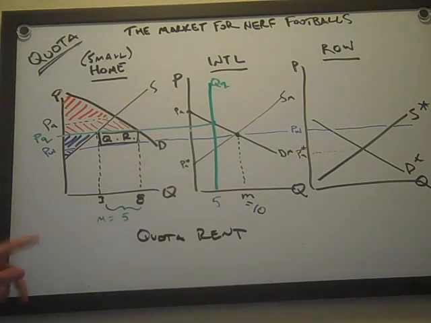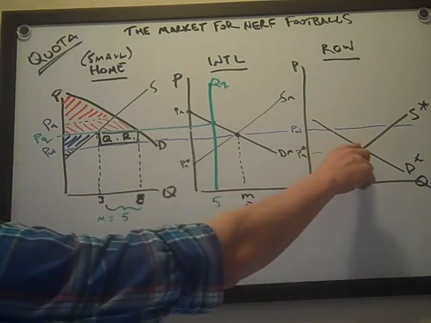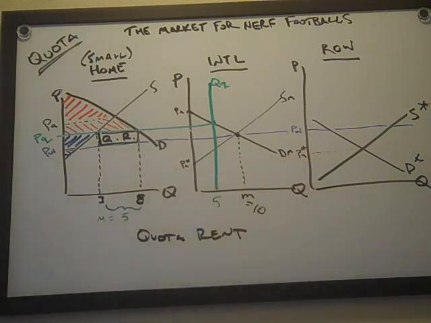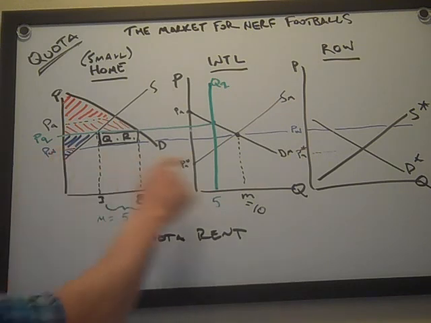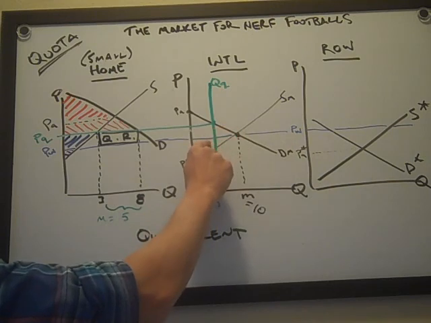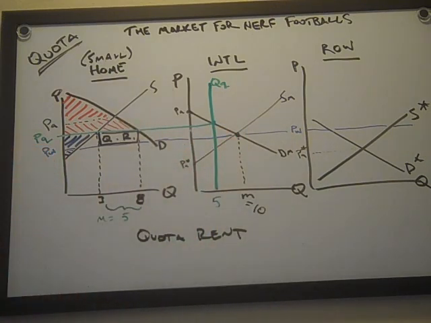So somebody is going to the rest of the world and buying these goods at a relatively low price, PA star, or even buying them at PW, but if they buy them at PA star or PW star, they're allowed to buy up to 5 of those, no more than 5 because of the quota, and bring them back into this country and sell them at PQ.